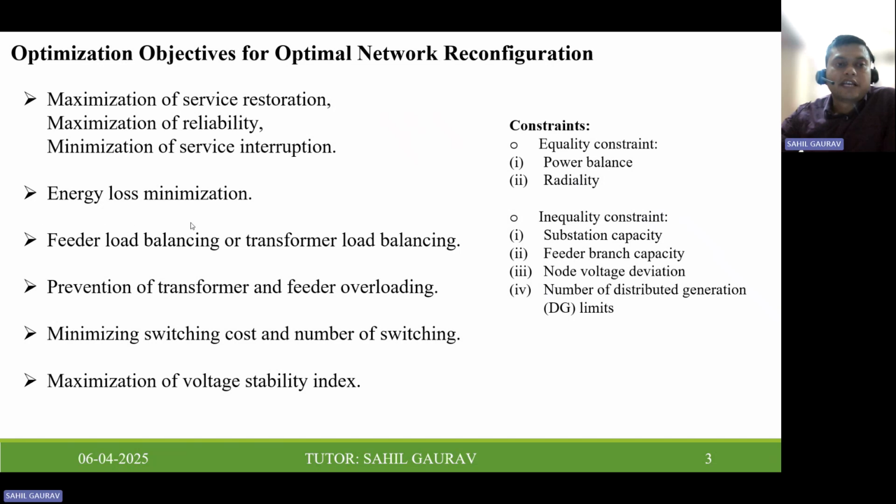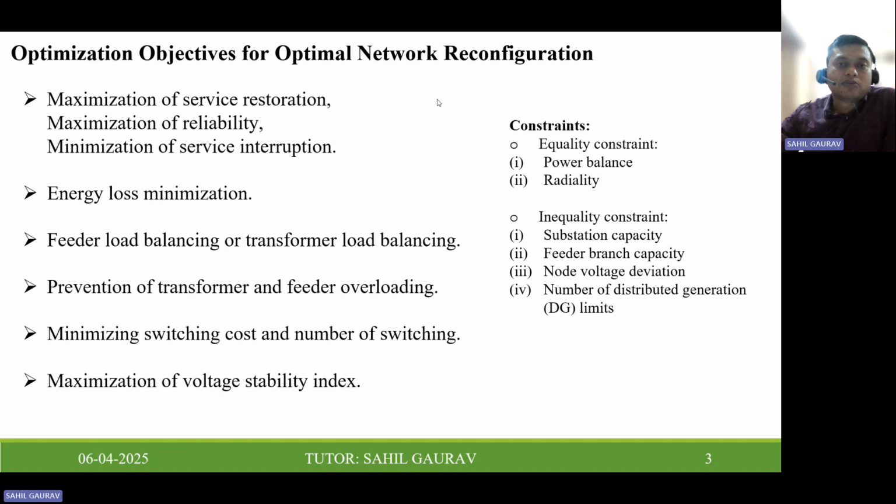The other objectives may be energy loss minimization, feeder load balancing or transformer load balancing, prevention of transformer and feeder overloading, minimizing switching cost and number of switching operations, and maximization of voltage stability index. There may be many objectives for your reconfiguration problem, like the ones I have written down.